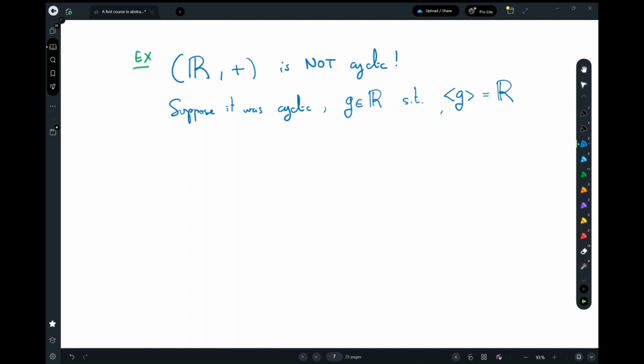So these are all the multiples of g. This is under addition, so they are just multiples of this one real number.